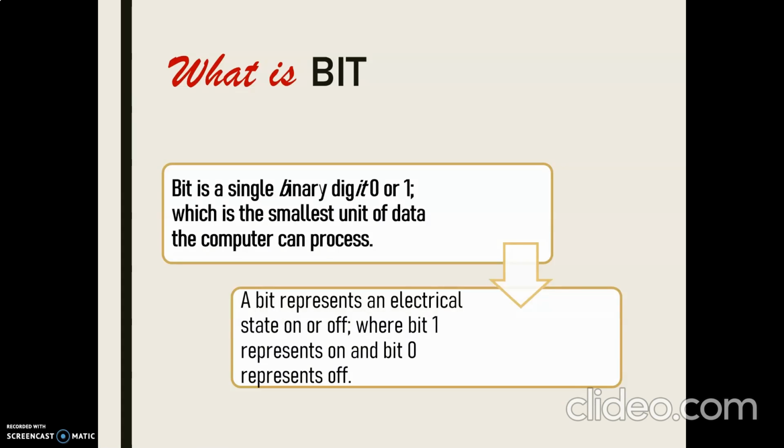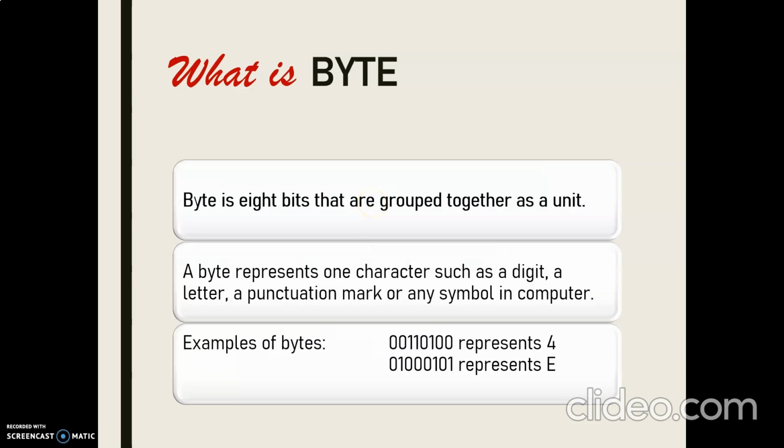So we must combine those bits to make a byte. What is a byte? A byte is a combination of 8 bits that are grouped together as a unit. When we create a byte, we will have many combinations, because we can create 0000 0000 as the first byte, and the last byte is 1111 1111.